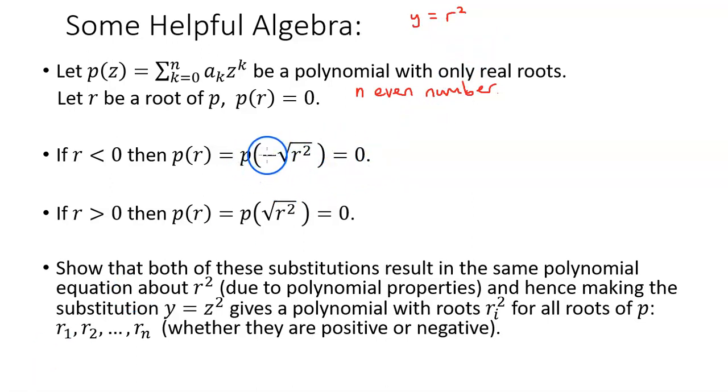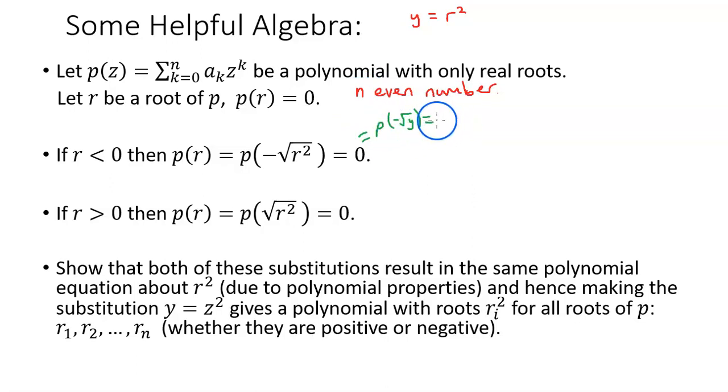Then p of negative square root of r squared is equal to p of negative square root of y, and then substituting that into our polynomial, we've said n is an even number just for convenience, changes nothing to the proof if n is odd.